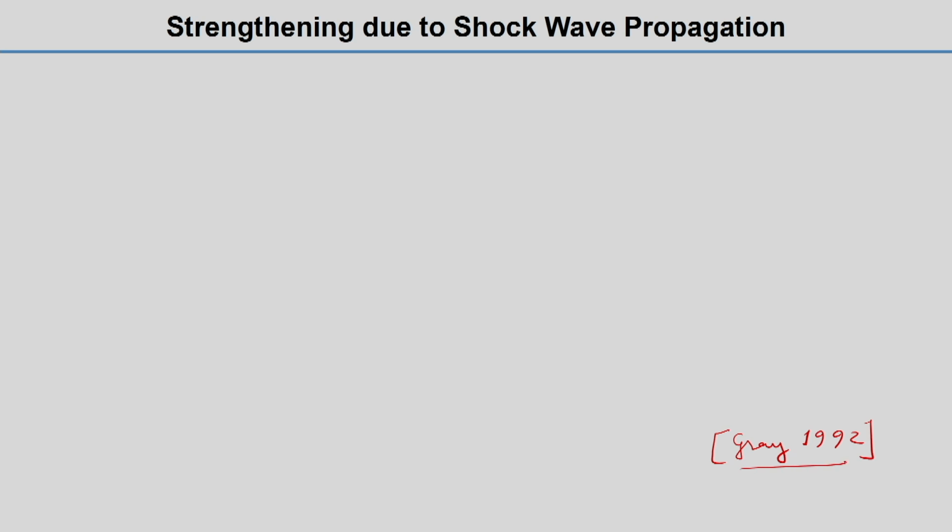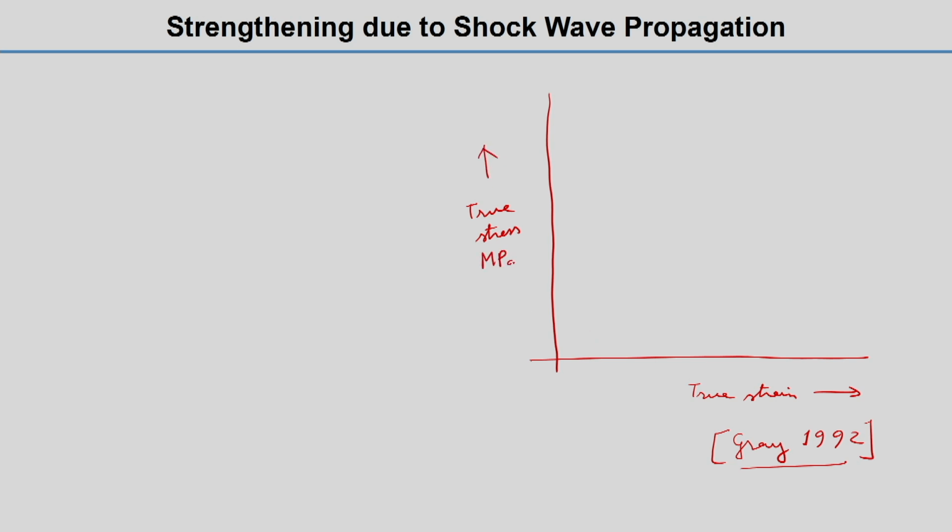So, this is from Gray 1992. What this says is a little bit interesting. This is true stress versus true strain, with strain on the horizontal axis and true stress in the vertical axis, in megapascal.